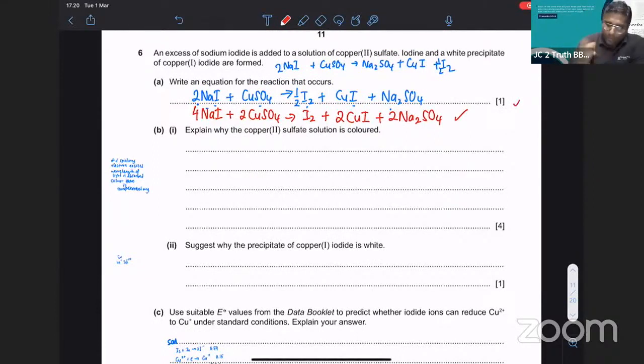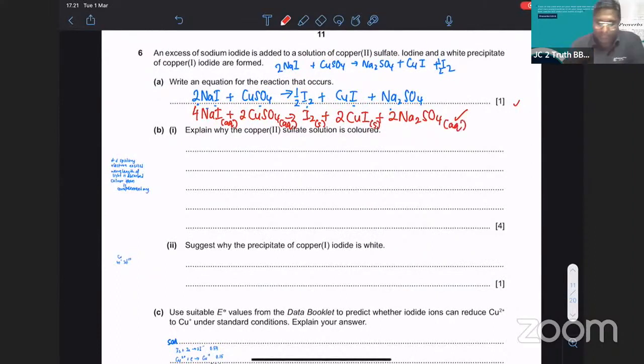If they didn't tell you about the state, no need to write. But if you want, this is aqueous. Iodine, in this case, is it going to be solid? They didn't mention, so maybe I'll just put solid over here. A white precipitate, so it's going to be solid. This one is aqueous.